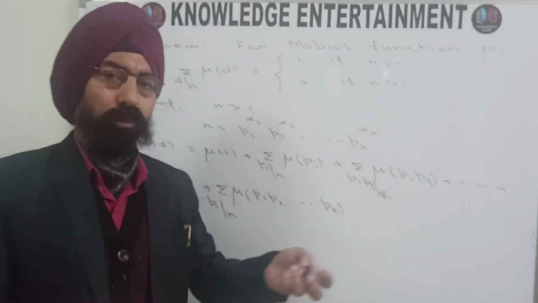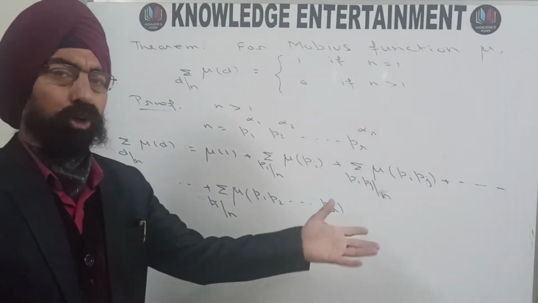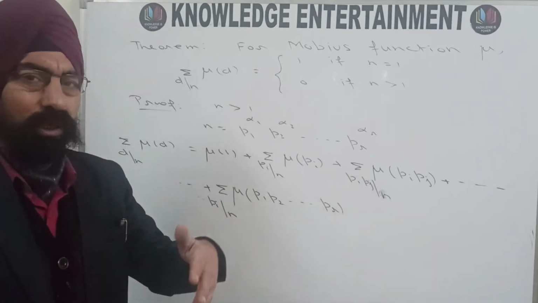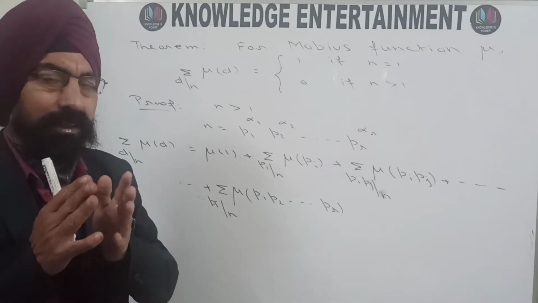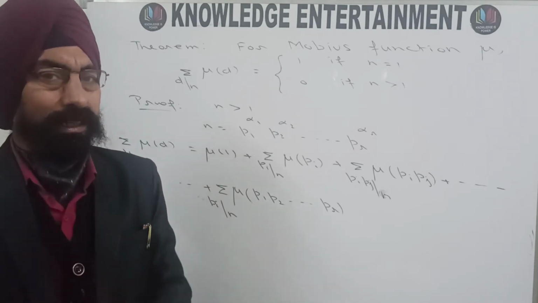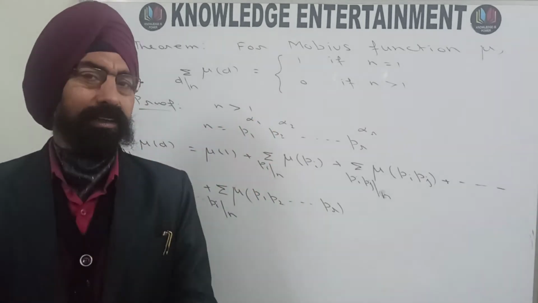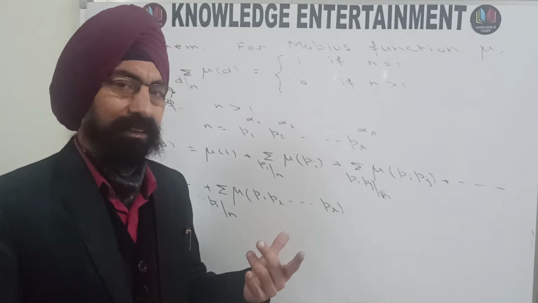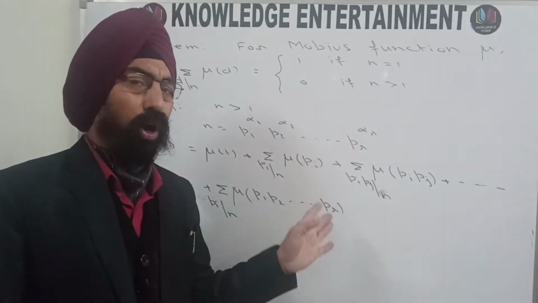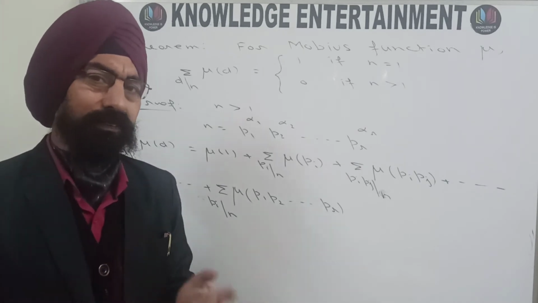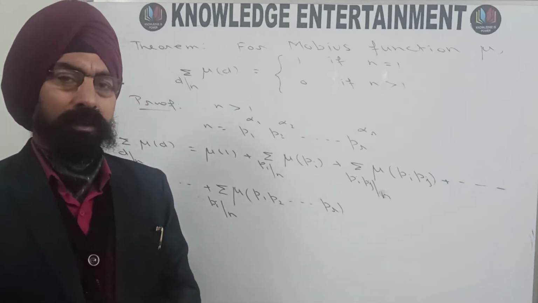Yes, there are more divisors, but I am not going to take them. Why? Because if you take more divisors, the divisors will be of the type where prime numbers occur with powers more than 1. That means p1 square, p1 cube, p1 power 4. And in that case, mu of p1 square: now p1 square is not square free because p1 square itself is a square number.